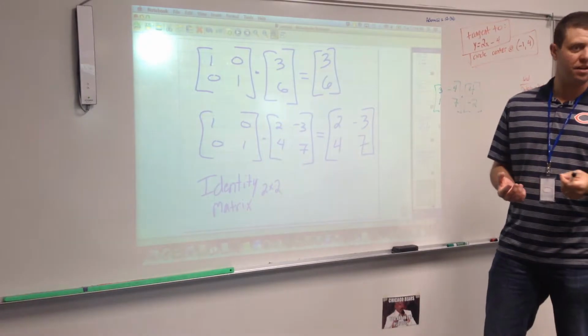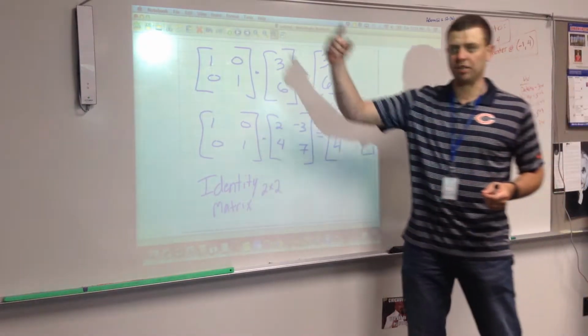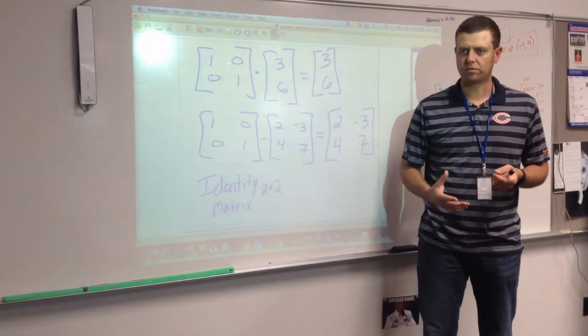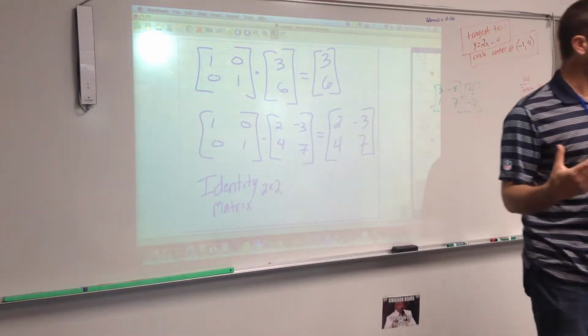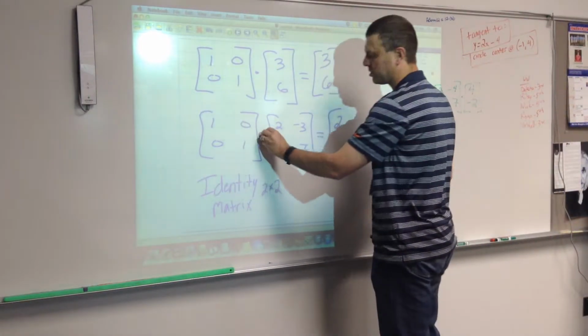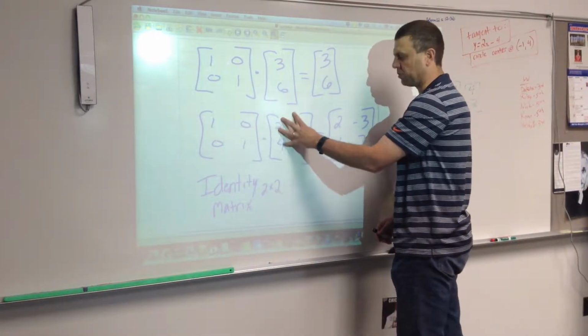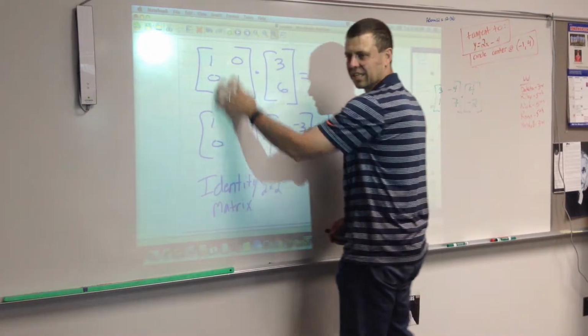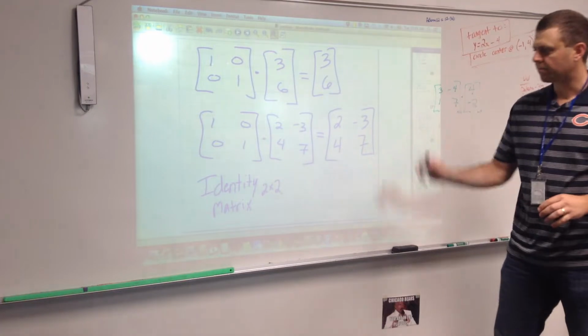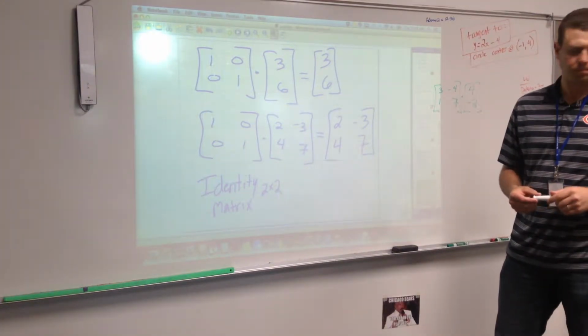A 3 by 3 identity matrix, again, has 1s going down this diagonal and 0s everywhere else. They act just like the number 1 does in multiplication. If you take an identity matrix times another matrix, it will just equal itself. That's called an identity matrix.